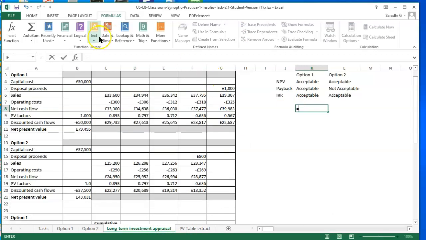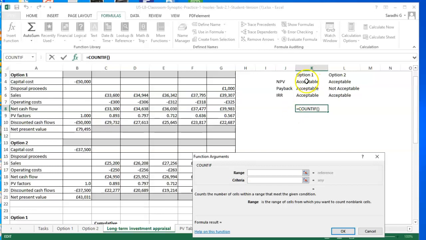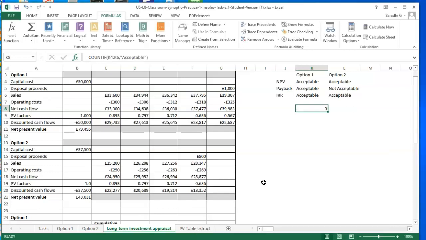Insert function, search for COUNTIF. There is your COUNTIF function. The range is these 3 cells. The criteria is where it says acceptable. It tells us 3 cells are acceptable.